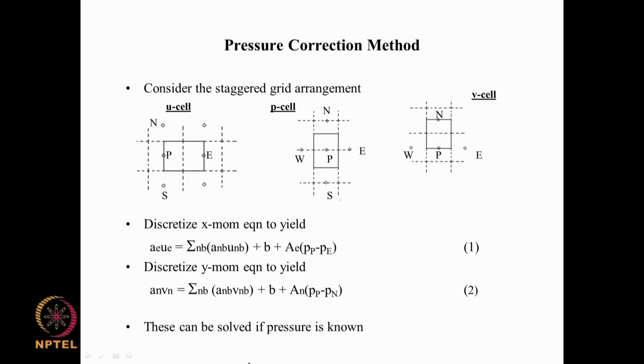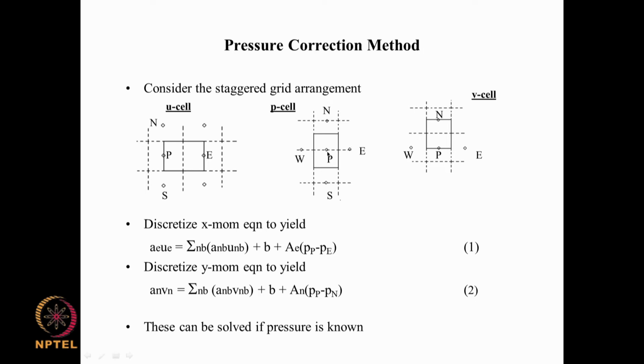So these equations can be solved if the pressure field is known, that is if we know the pressure at capital P and capital E for this location. So for the next point, capital P and capital E for that. So if we know the entire pressure at every grid cell for this capital P, capital E, capital N, like this, okay.